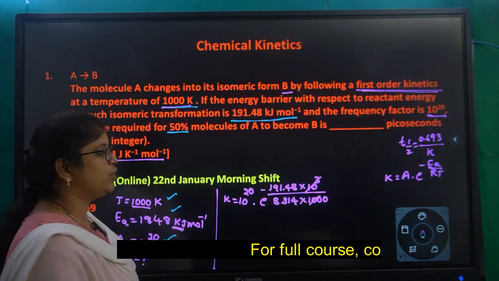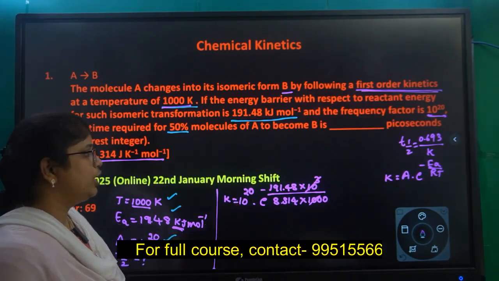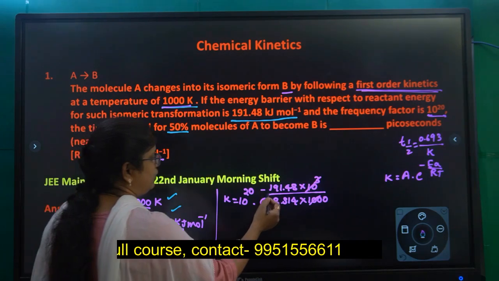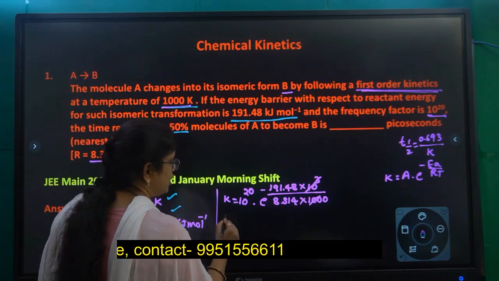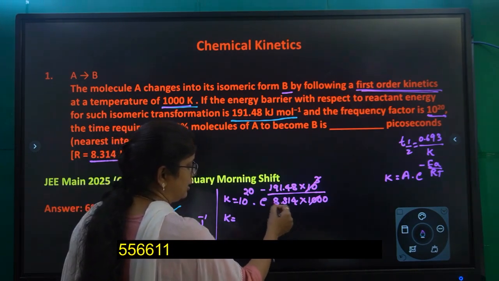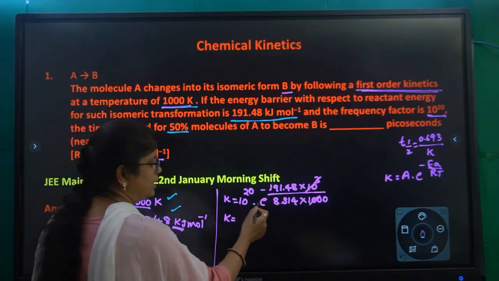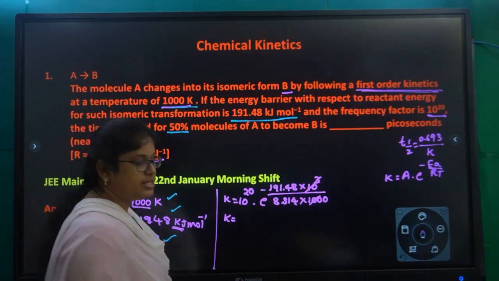So now minus 191.48 by 8.314. If you take this, we will get a very small value. So proceed with the calculation by considering this value as very small, that is equal to 10 to the power of minus 10.